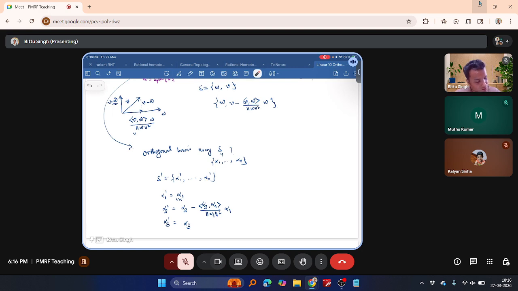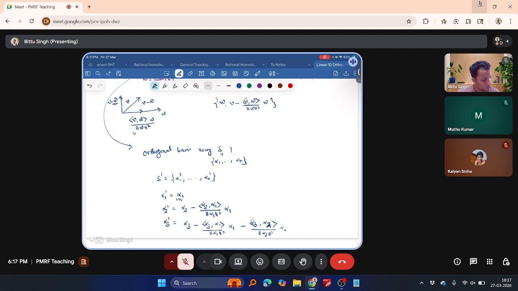Previously we just subtracted in one direction, but now there are two directions, so I need to subtract from both. So alpha 3 minus the projection of alpha 3 in the direction of alpha 1, minus the projection of alpha 3 in the direction of alpha 2.